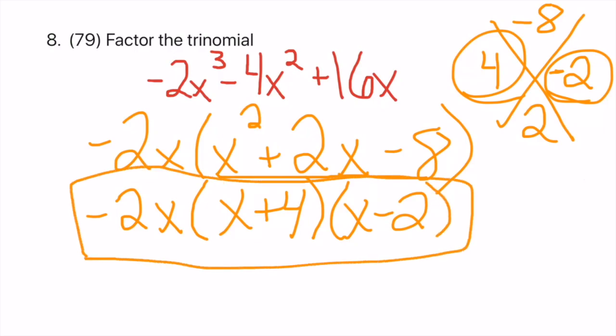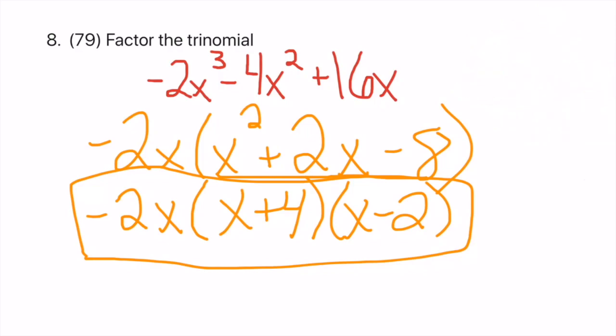On a test, I would definitely take the time to check this, and you can check your answer by FOILing the two binomials. So if we FOIL the two binomials, we get x squared minus 2x plus 4x minus 8.